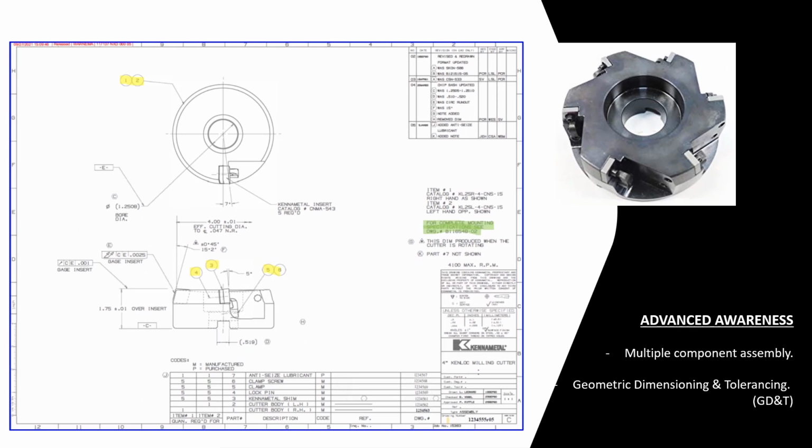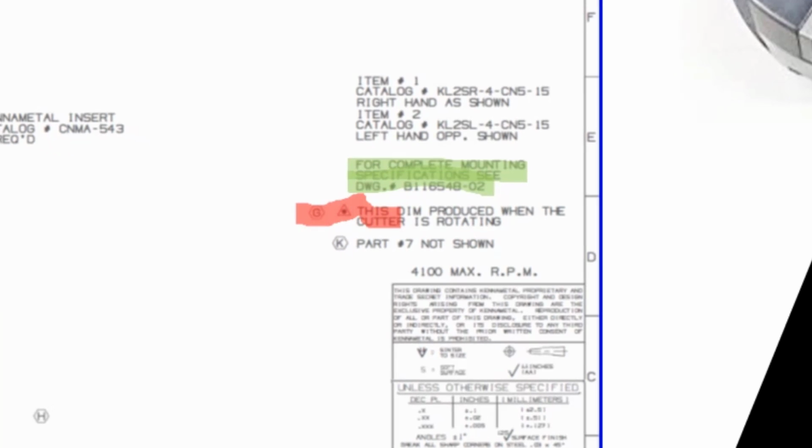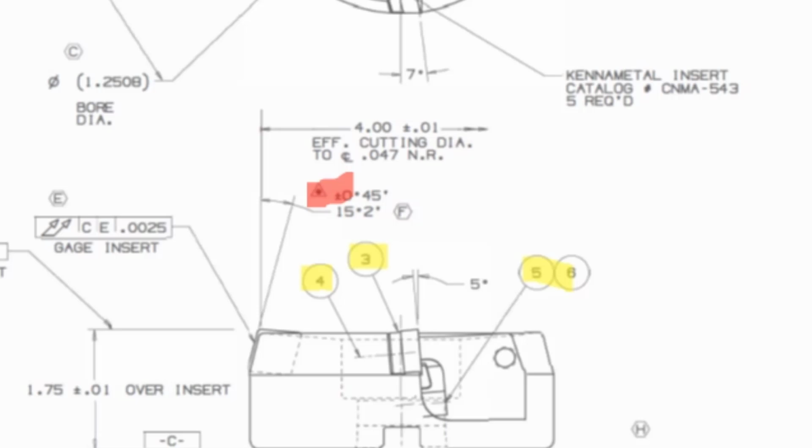Another awareness I want to raise is here by this hexagon G, and it shows that this dimension is produced when the cutter is rotating, right over here. And so this is the angle that it creates. It's important for the user to know they're going to use this cutting tool to machine something at this angle, and this is the product that'll get them there.